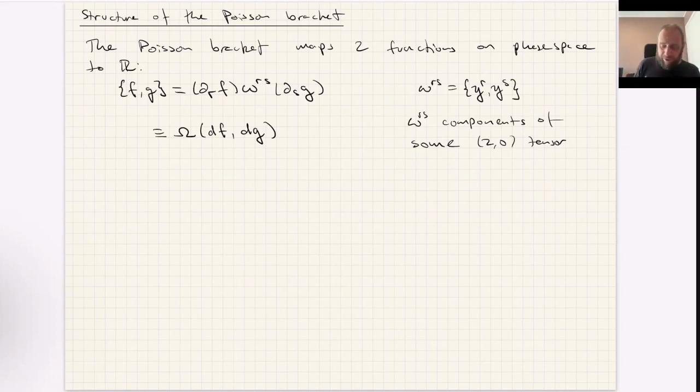And you can easily verify that this indeed transforms in the correct manner to be a 2-0 tensor under coordinate changes. So apart from being linear, we can see that omega here is also antisymmetric, simply by virtue of the Poisson bracket being antisymmetric.